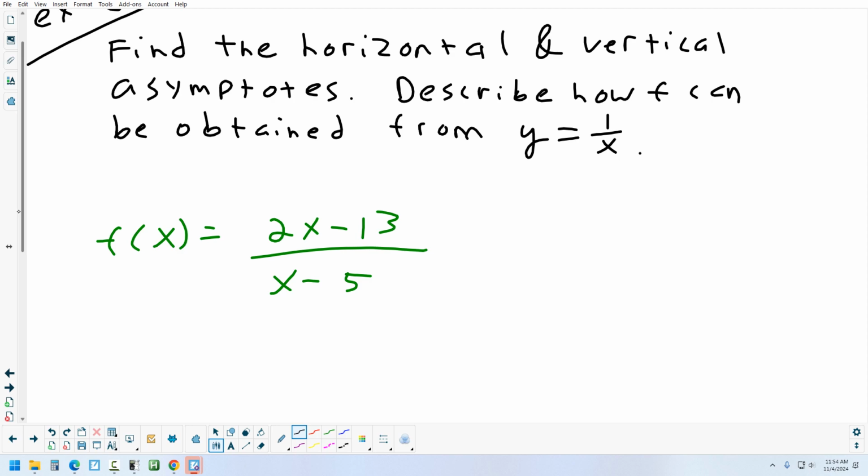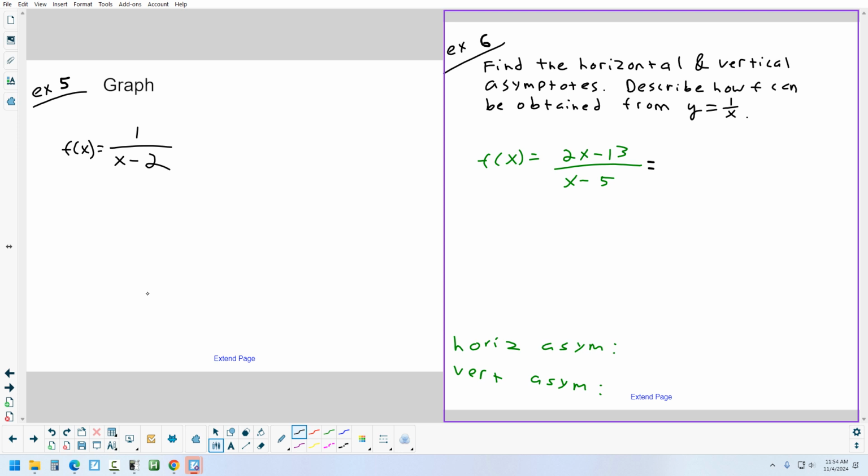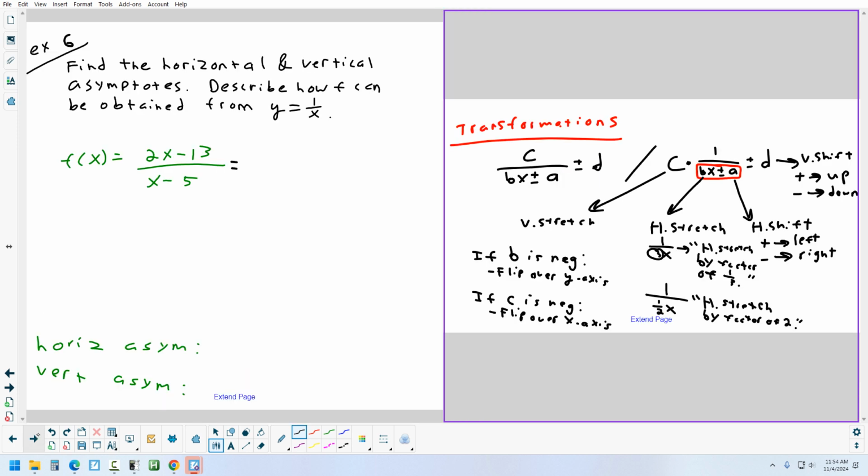Okay, so it says to find the asymptotes and describe the transformations. Well, let's start with the transformations. Does what's in green look like the pattern that I showed you?